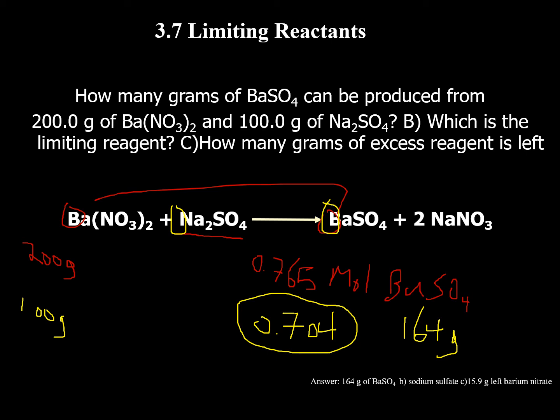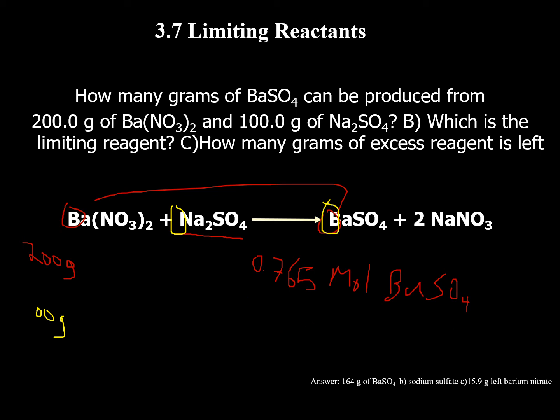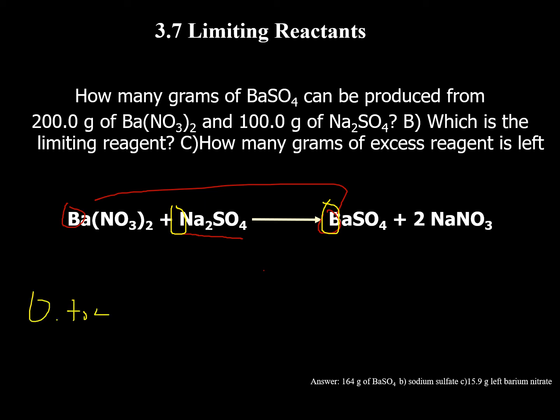Part C, how many grams of excess reactant is left? So in this case, we have 0.704 moles of barium sulfate, and you first have to figure out how much barium nitrate is used up. So I will again use the ratio.